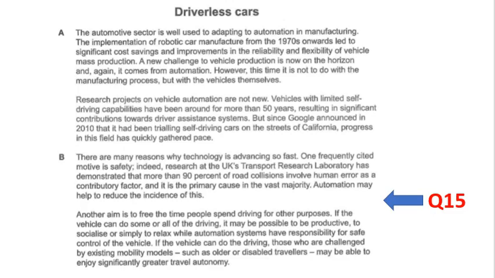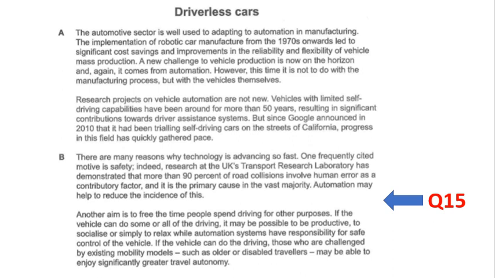Let's continue. However, this time is not to do with the manufacturing process but the vehicles themselves. So they're not talking about the process of manufacturing, but the problems are with the vehicles. Let's continue. Research projects on vehicle automation are not new. So, vehicles with limited self-driving capabilities have been used for more than 50 years, resulting in significant contributions towards driver assistance systems.